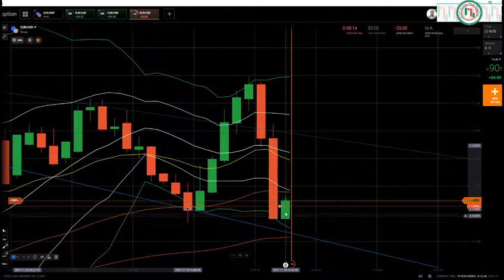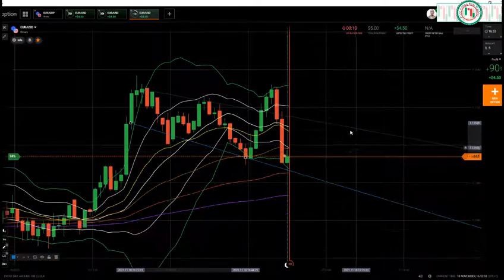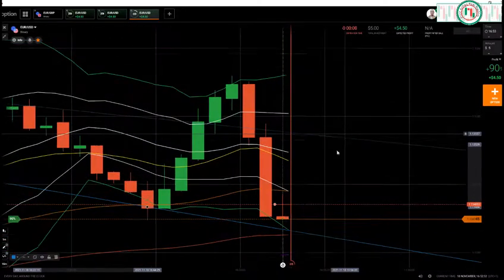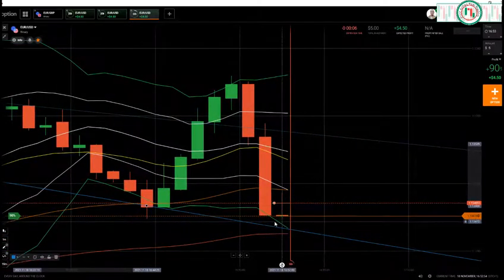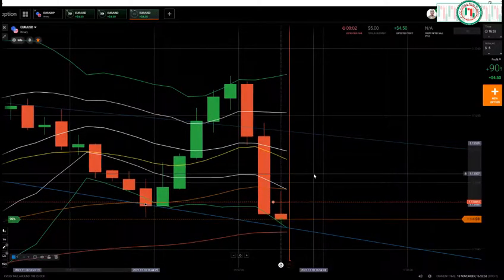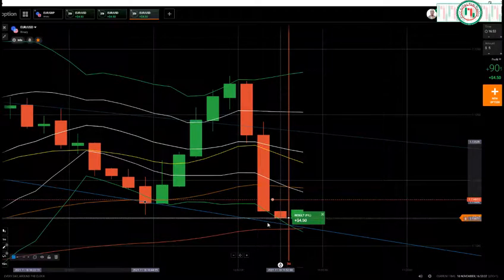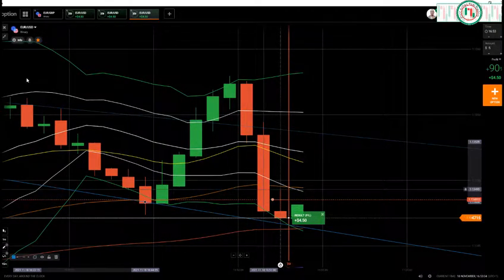It must create a red candle from this level, or it will close below my entry point. You see, it's trying to create a red candle. I know, you see, this is the level, so maybe now the market will reverse from here.